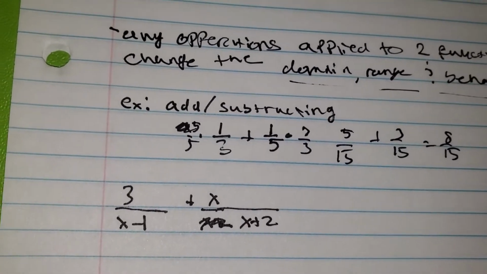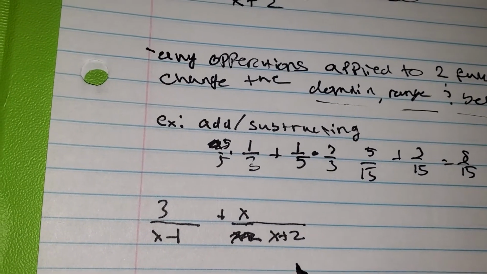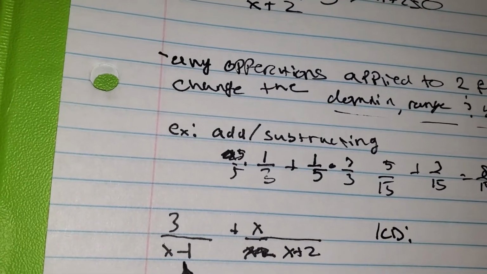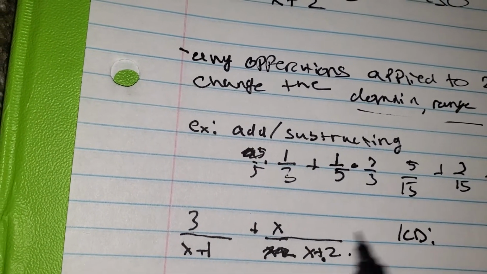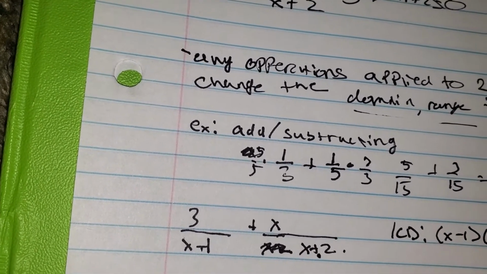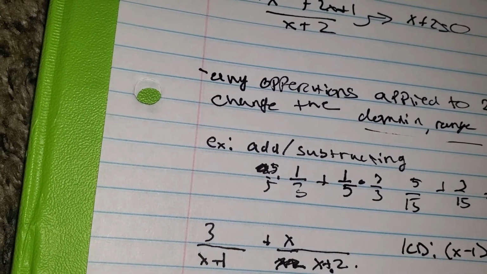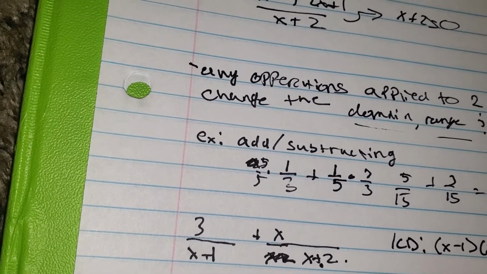Well, we need to have common denominators, and so we look to see what they have in common. So the LCD: this one needs x plus 2 in the denominator, and this one needs x minus 1. So the denominator would be the product of x minus 1 and x plus 2.